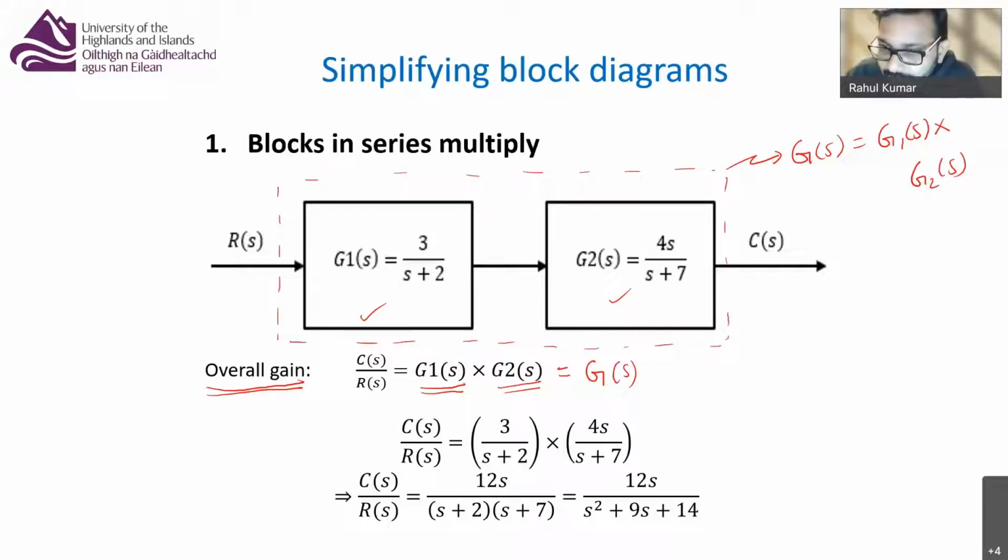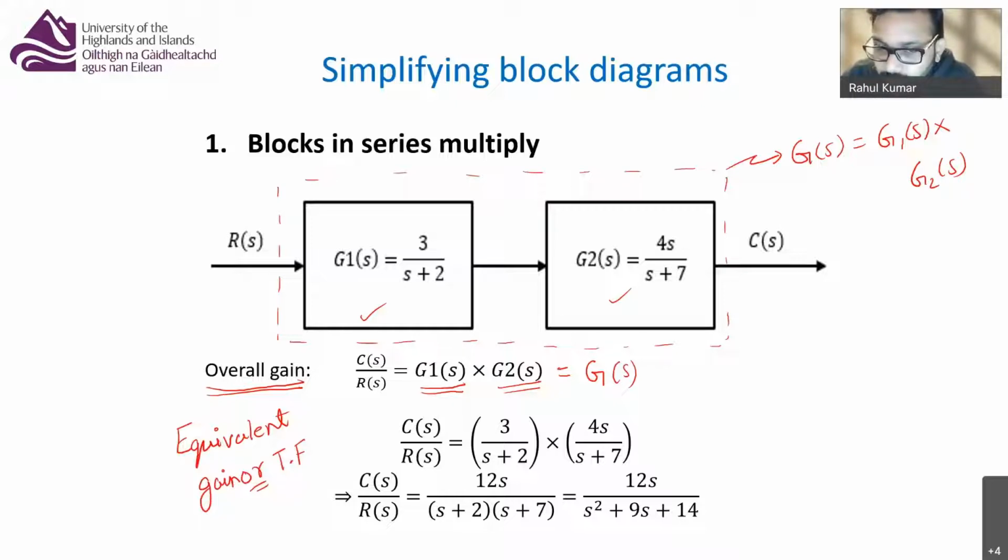Over here, I have taken an example where G1 of S is given as 3 divided by S plus 2, and G2 of S is given as 4S divided by S plus 7. So the overall, or sometimes we call it equivalent, gain or transfer function. Here I have solved this example.